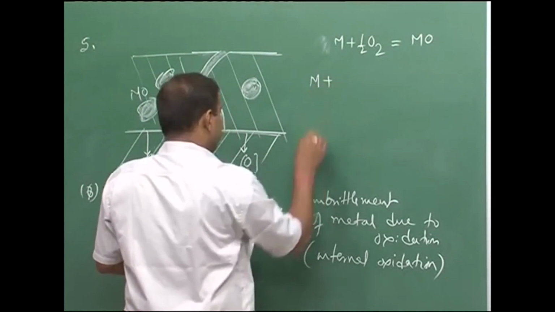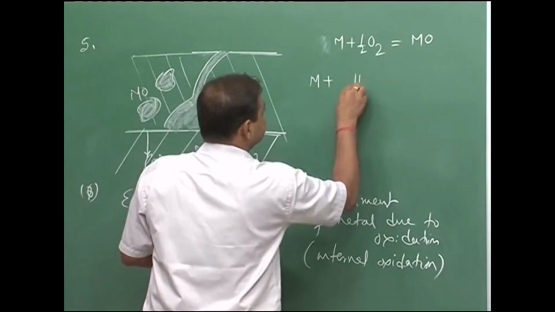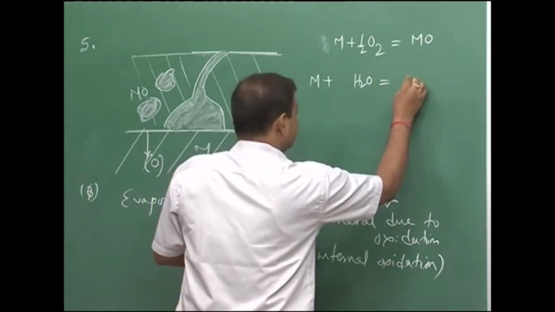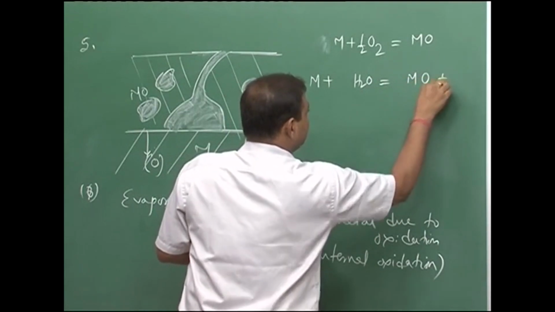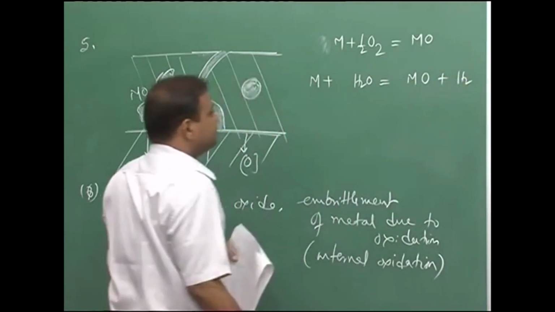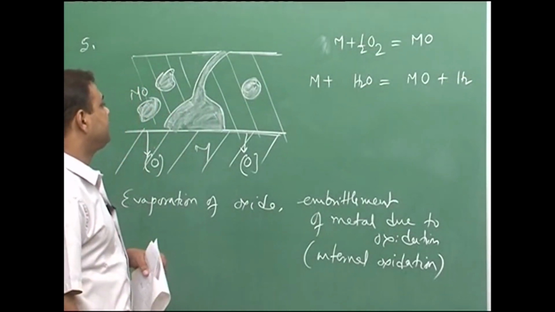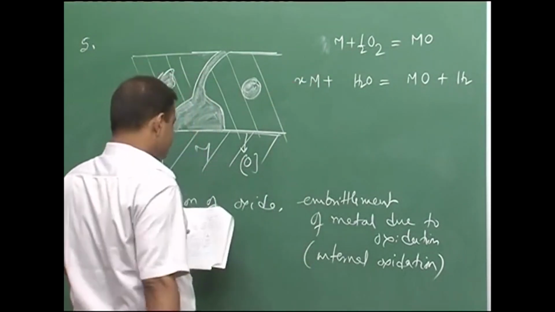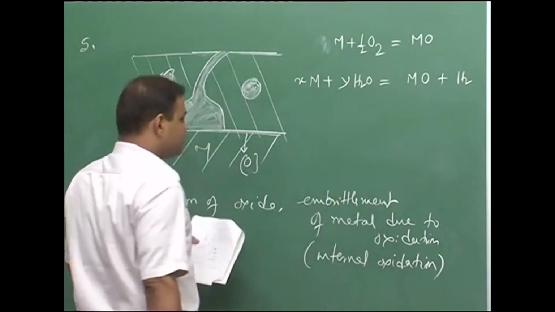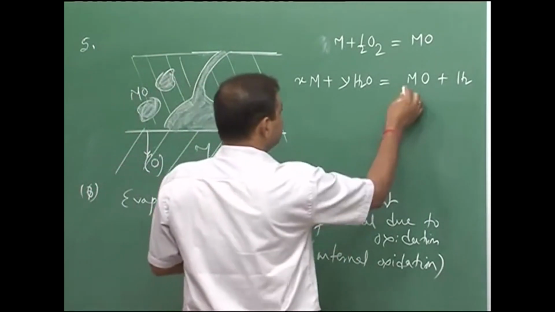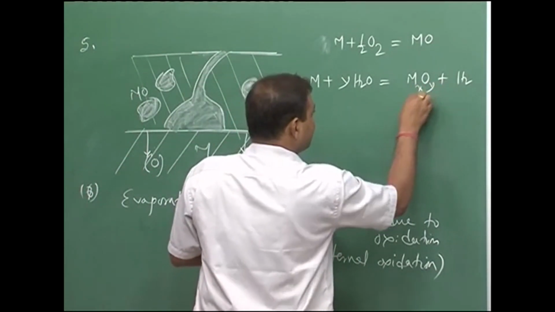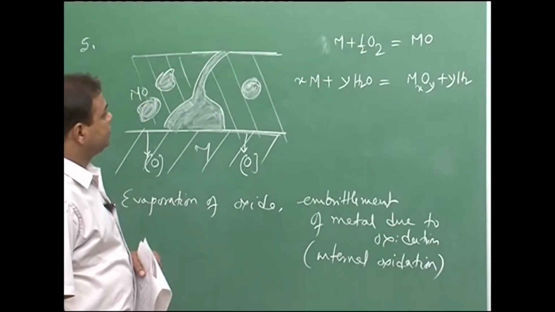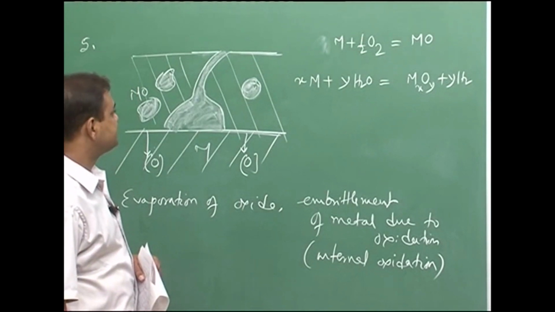So, metal can also get oxidized in the presence of water vapor. So, this is MO plus H2. If we would like to have a general balance, then we can put it like this: xM plus yH2O gives MxOy plus yH2. So, then the general balance is done.